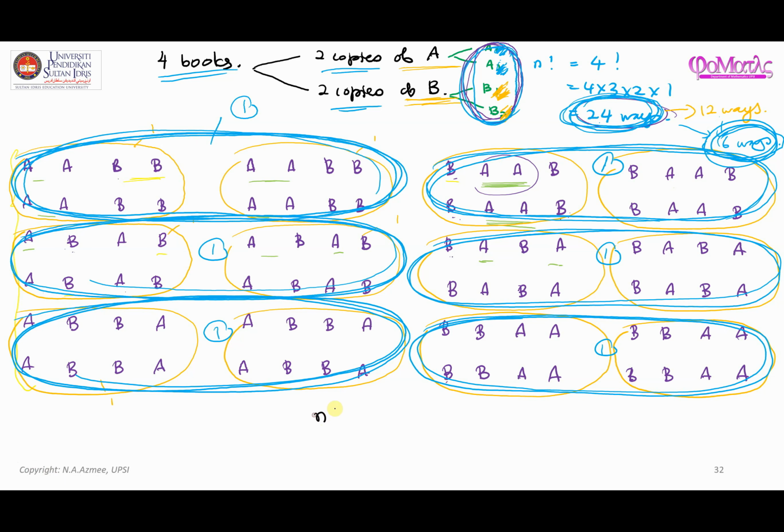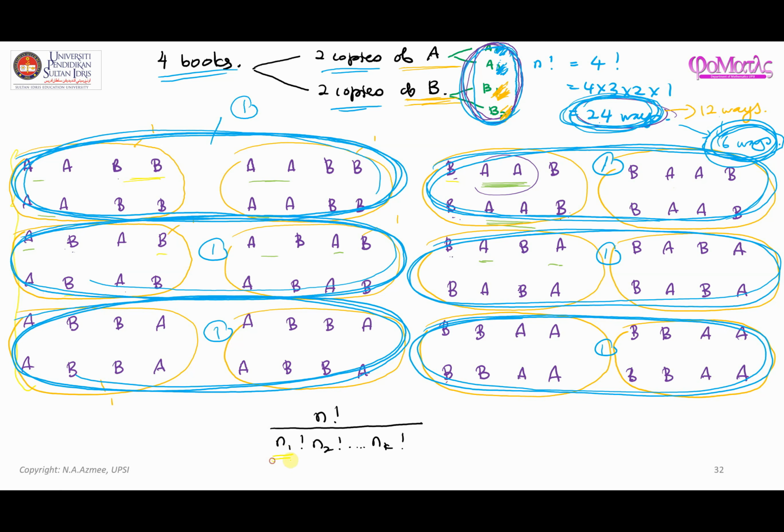It is n factorial over n1 factorial times n2 factorial up to nk factorial. So here n1 refers to how many similar objects you have in category 1. N2 here is how many similar objects you have in category 2.